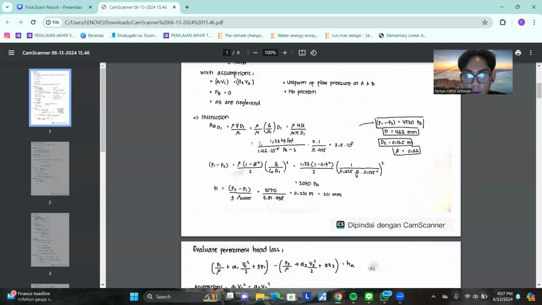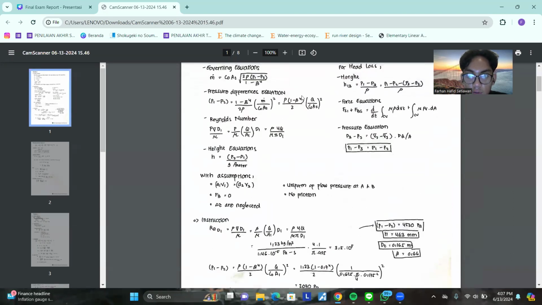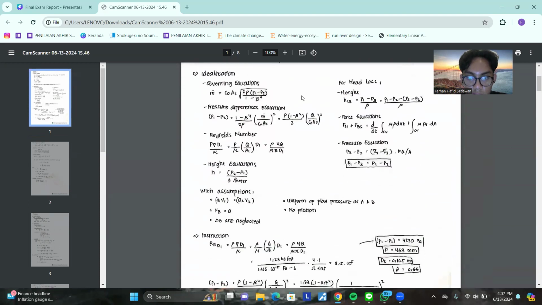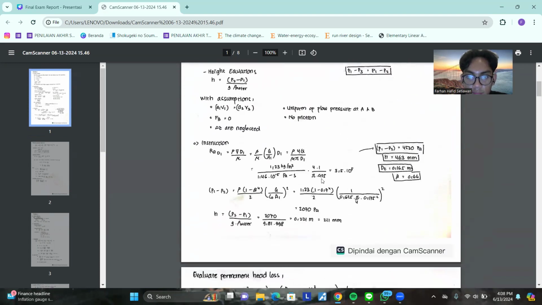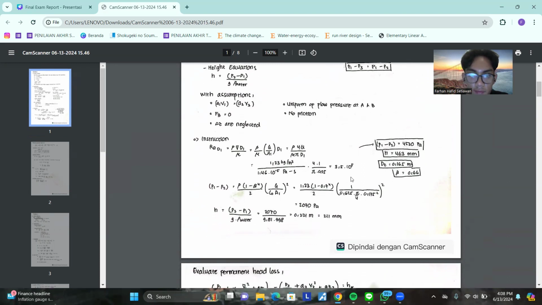We substitute the parameters from the question above, and we get 3.5 times 10 to the 5 for the Reynolds number.